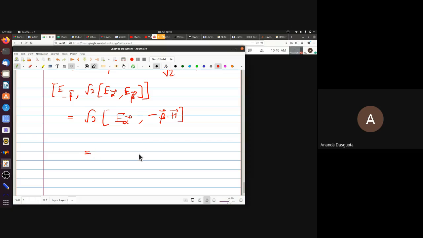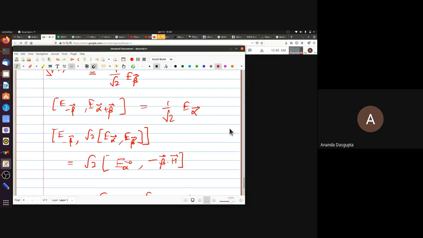So how much is this going to be? Plus alpha dot beta E alpha. But since alpha dot beta is minus half, this is going to be minus 1 by root 2 E alpha. So notice that this does not, of course, match our prediction here.